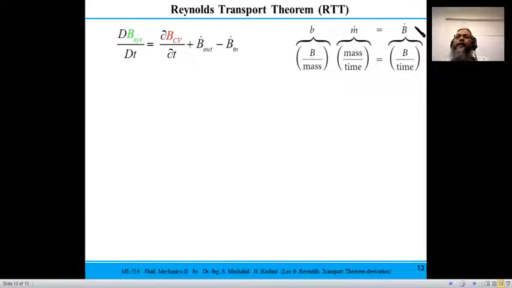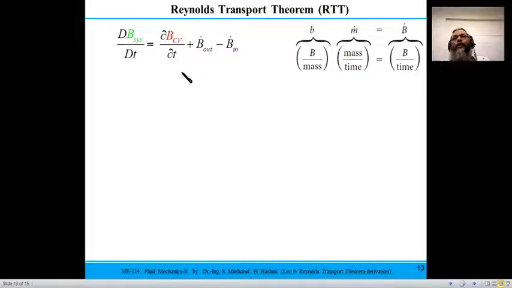You multiply the mass by its corresponding intensive quantity. Intensive quantities are extensive quantity divided by mass, and this would be the rate of change per unit of time, and we use a dot to represent the rate. So B dot out means the rate at which the extensive quantity is leaving, and B dot in would be the rate at which the extensive quantity is coming in.